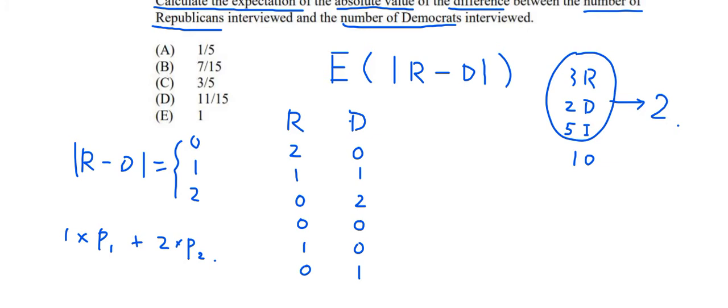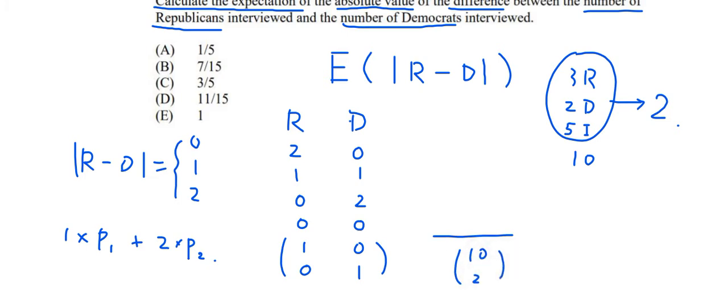So when this equals 1, it's only 1 0 and 0 1, only these 2 cases. It cannot be 2 1. Okay, so what is this probability? This probability is the 1 Democratic, no D. So totally it's from 10 pick 2.